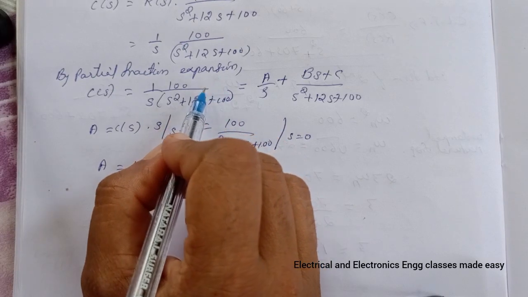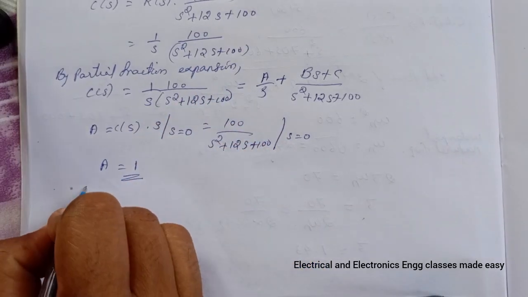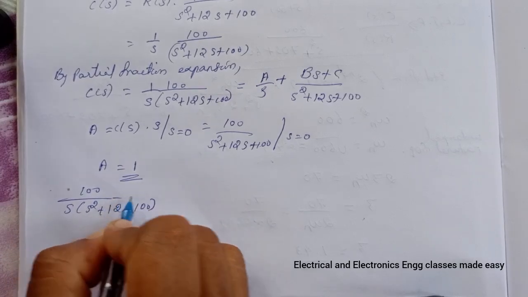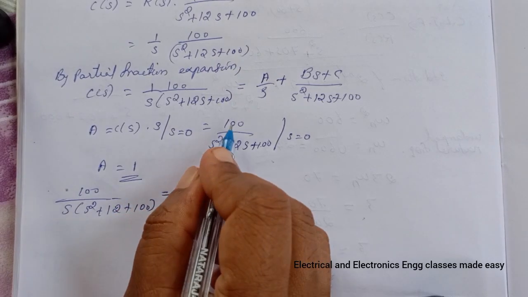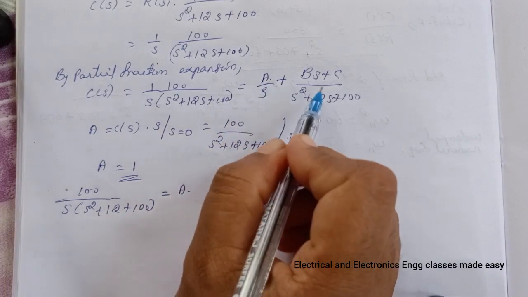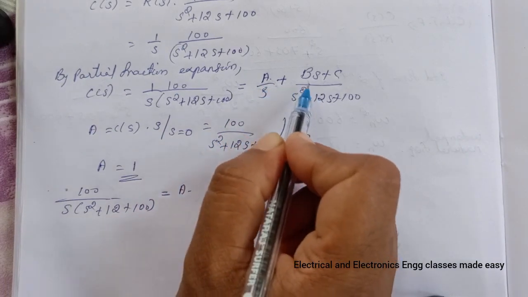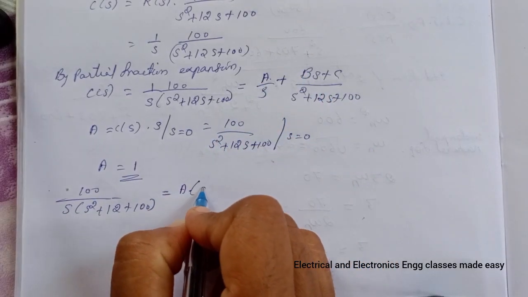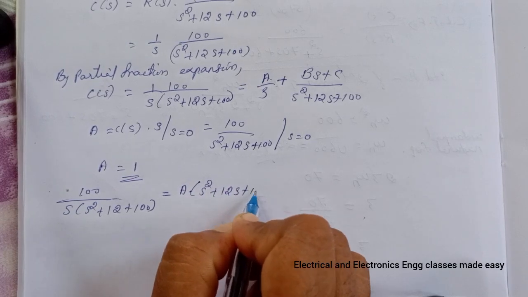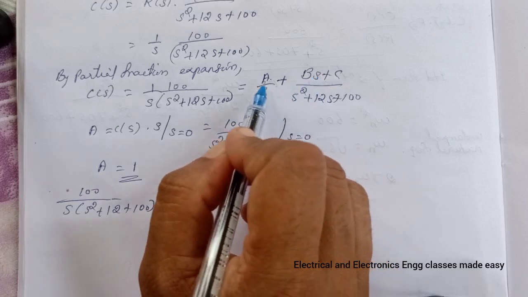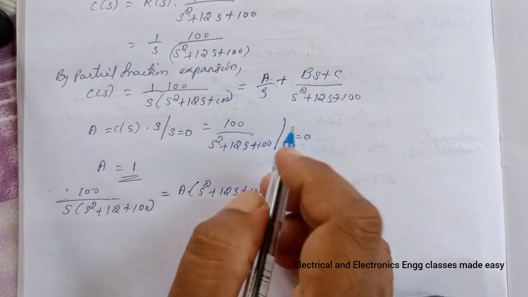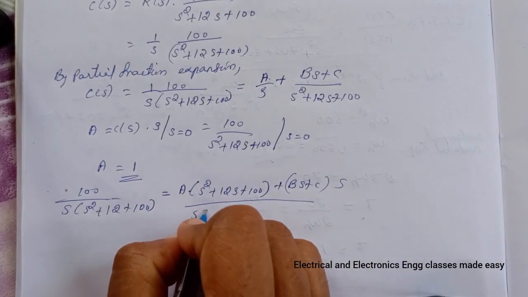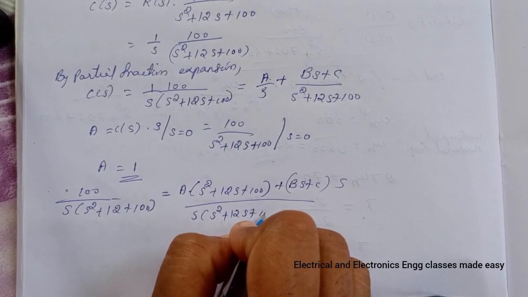That is, 100 divided by s into s square plus 12s plus 100 is equal to A into s square plus 12s plus 100, cross multiplying the denominators, plus (Bs plus C) into s, all divided by s into s square plus 12s plus 100.